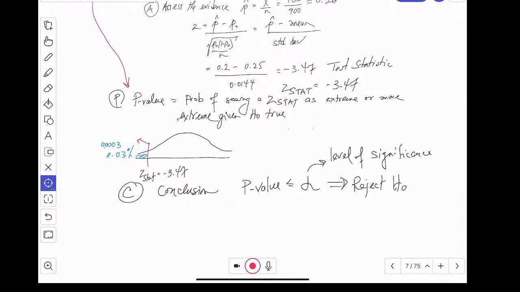In this case, I'm going to stick with the standard of 5%. So it's usually, unless otherwise stated, use 5%.